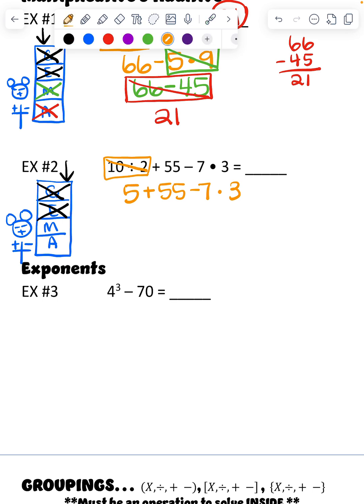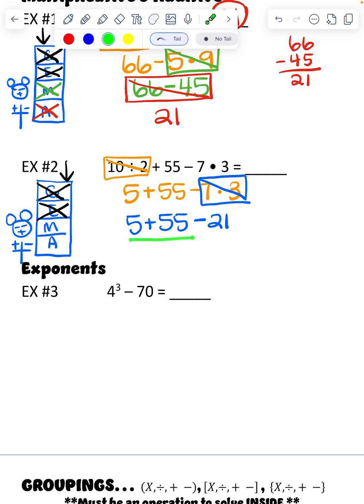So I'm going to box it, solve it. 7 times 3 is 21, and I cross it off. And then I rewrite everything outside the box. So 5 plus 55 minus 21. And again, I've already moved all the way across my problem. So I'm all done with my multiplicative section.